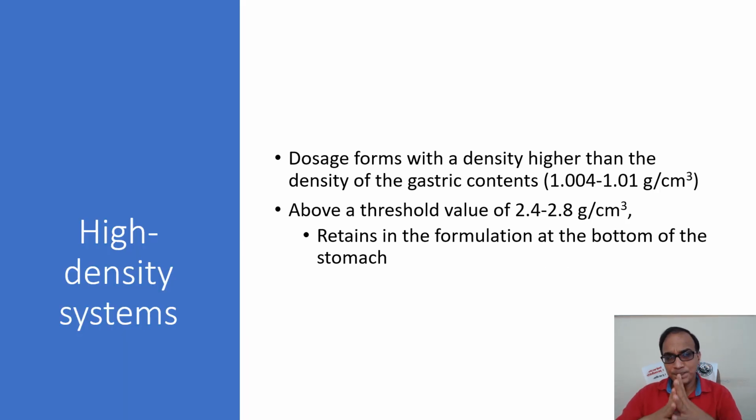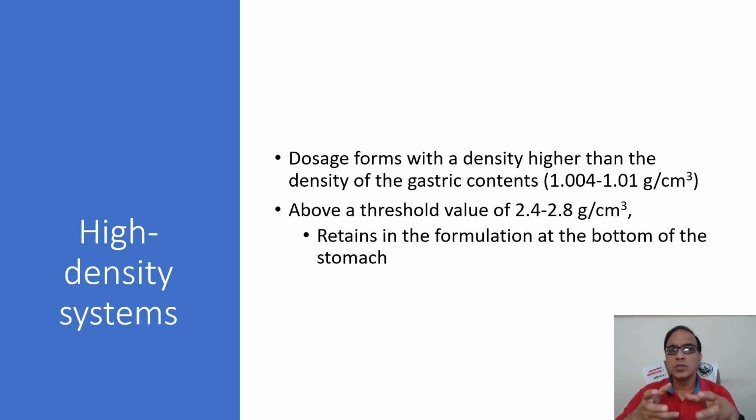Now moving to the high density systems. These are dosage forms with a density higher than the density of the gastric content, which ranges from 1.004 to 1.01 gram per centimeter cube. Above a threshold value of 2.4 to 2.8 gram per centimeter cube, the formulation is retained at the bottom of the stomach.